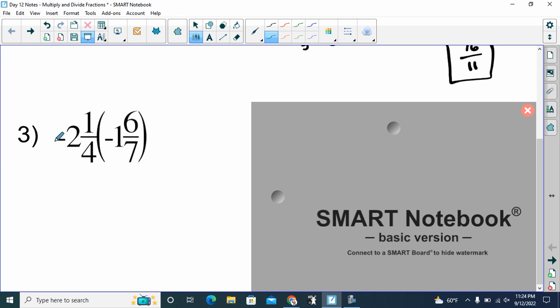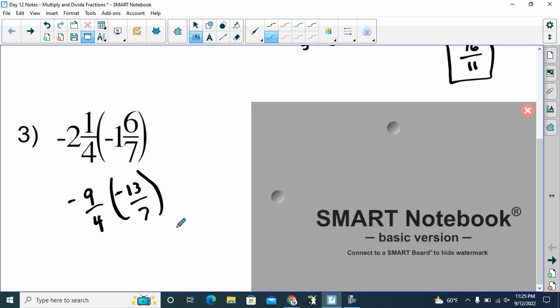We ignore the negative sign because the whole 2 1/4 is negative. So we're just going to do 4 times 2 is 8, plus 1 is 9. This is 9/4, and because it was -2 1/4, it's -9/4. Same thing here. 7 times 1 is 7, plus 6 is 13. And it was also negative.